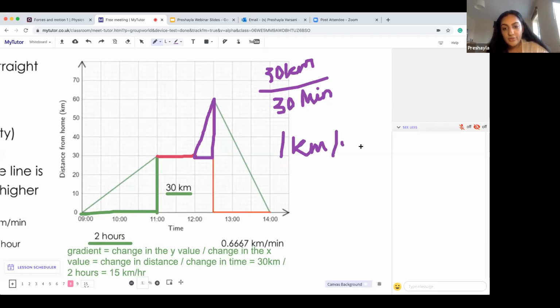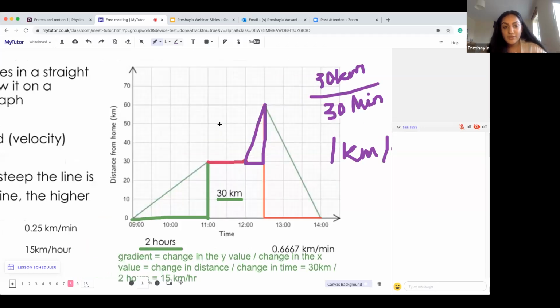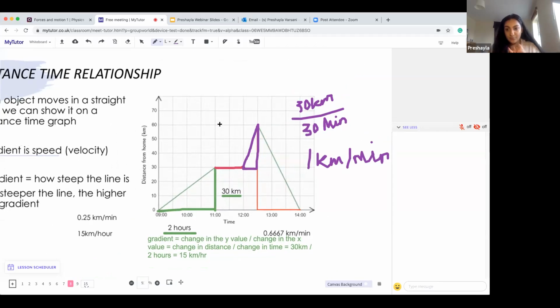So 2 things that we need to remember with distance time graphs, the most important things. Number 1, check the axis. With distance time graphs, they sometimes mix up the units that we're used to working with. We are used to working with meters and seconds, but sometimes they switch it up.